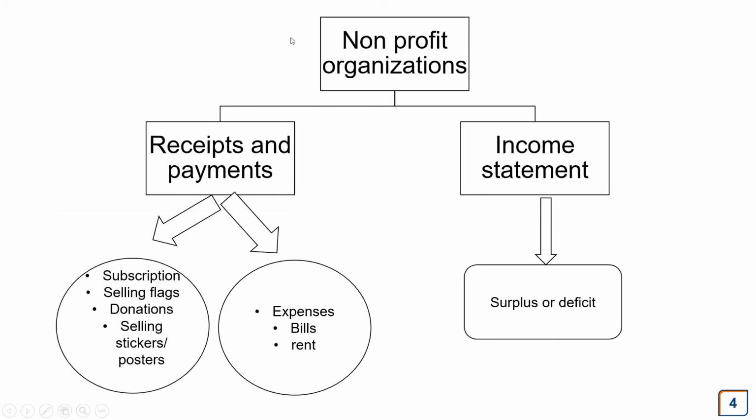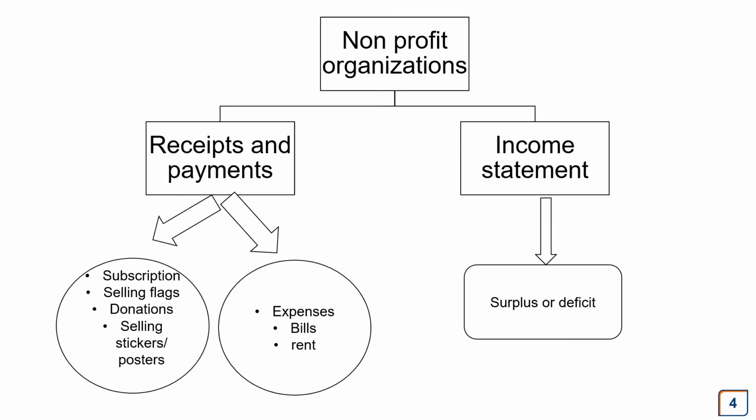These organizations maintain two accounts, the receipts and payments account as well as the income statement. In the receipts and payments account, they have receipts such as subscriptions, selling flags or magazines, donations, selling stickers or posters.